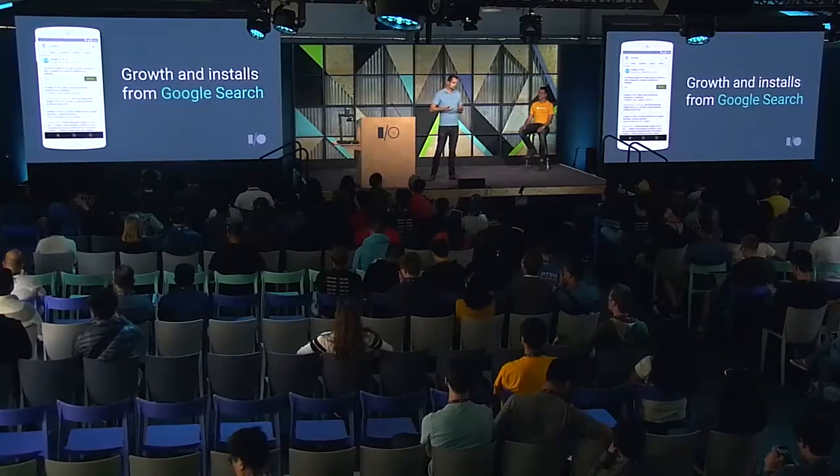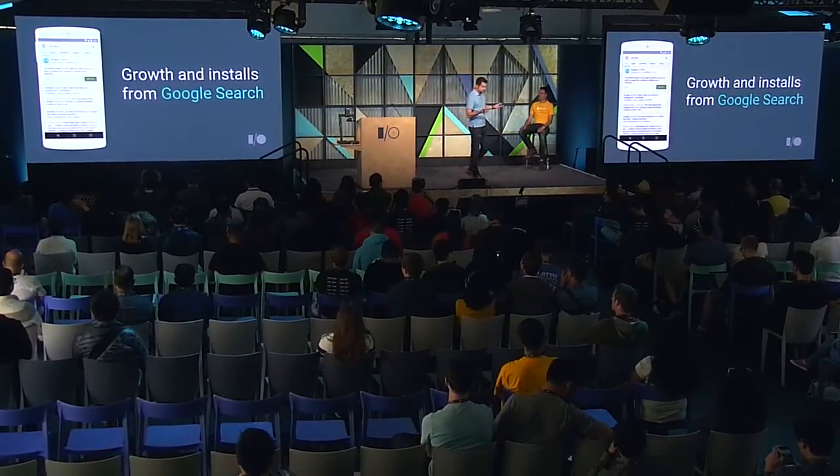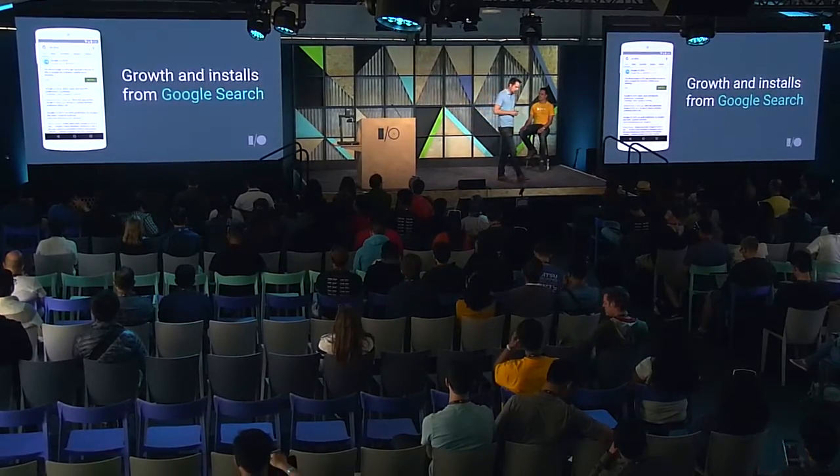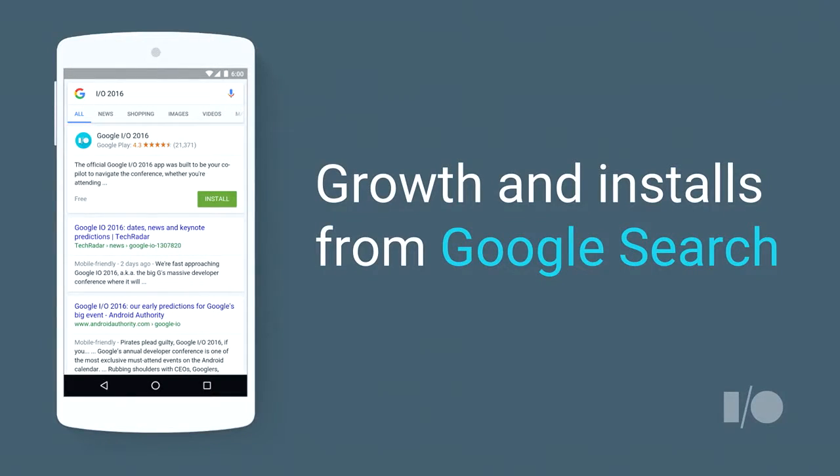Now, next, let's talk about some of the products that we've built to help you grow your app and keep your users engaged. Let's start with growth and installs through Google Search. Here you can see on the search results page, we can help you get your app discovered. For very specific search intents, such as I/O 2016, we can show you results from apps such that you can install that app.